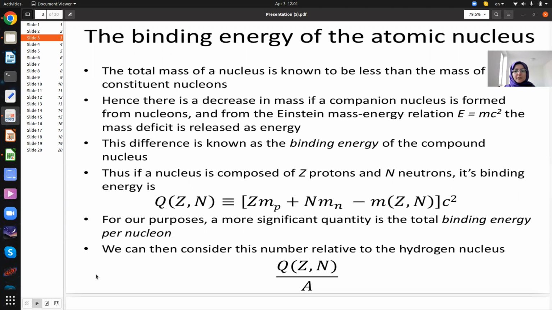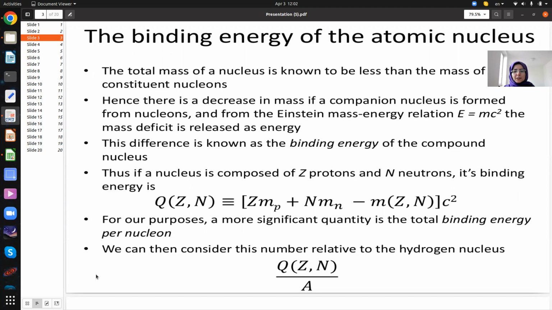This difference is known as the binding energy of the compound nucleus. Thus, if a nucleus is composed of Z protons and N neutrons, its binding energy Q is (Z Mp plus N Mn minus M) c squared.